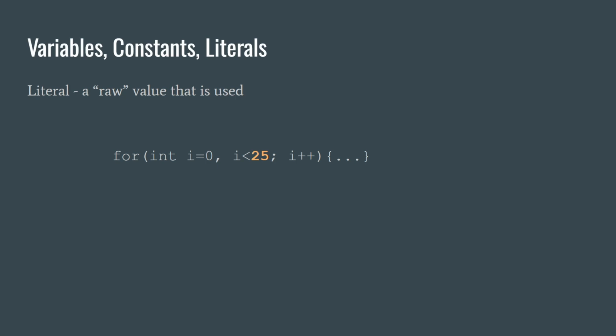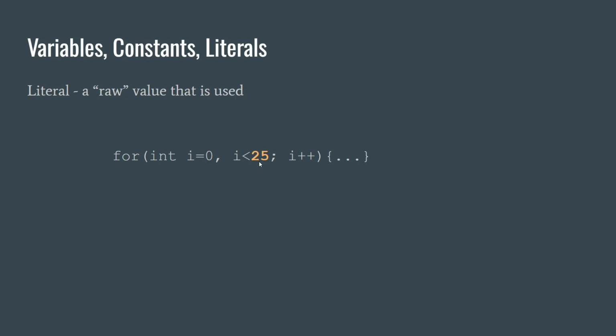This is an example from C. And so here we have a loop that we want to do 25 times. We're going to do the same thing 25 times in a row. So we have a variable counter here that's I, and this is a variable, like I just said, because I, every time around the loop, is going to increment by 1. And it's going to do that until it's done it 25 times. The 25 in this example is a literal.